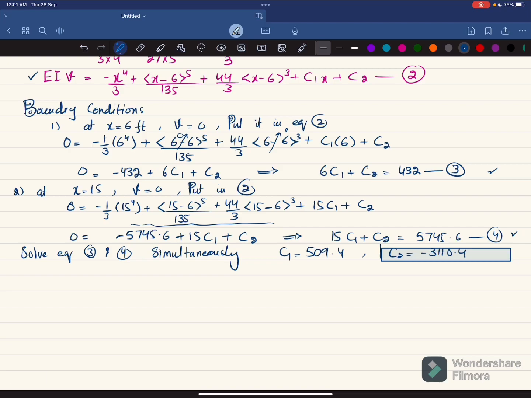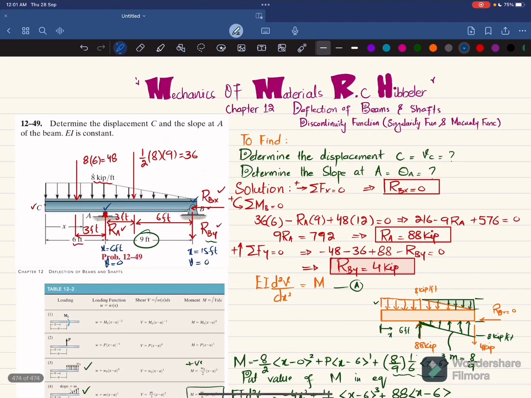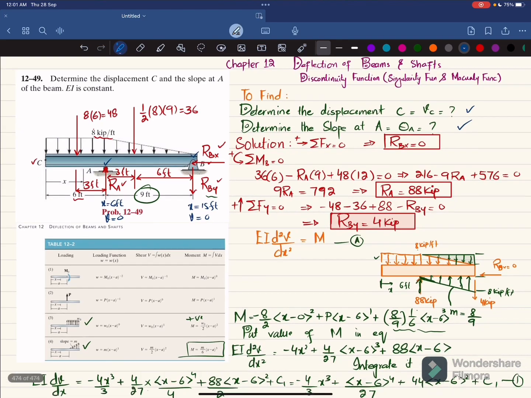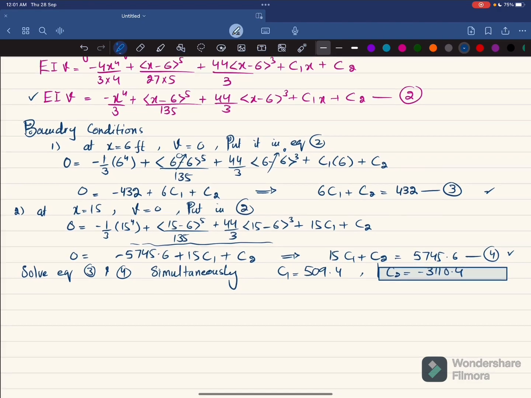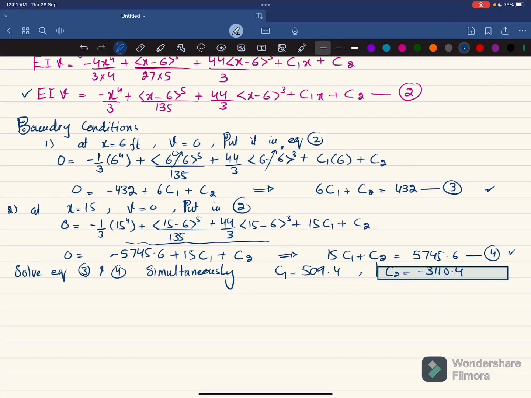Now in the first part we have been asked to find the displacement of point C, and in the second part the slope at point A. So for displacement, what we'll do is put the value of C1 and C2 in equation number 2. This is the equation number 2, and divide EI on both sides.